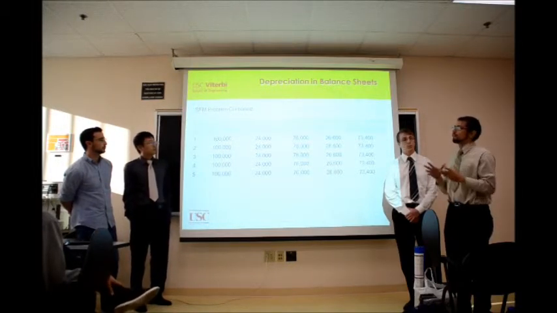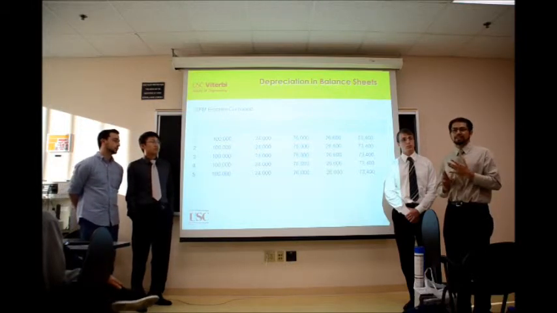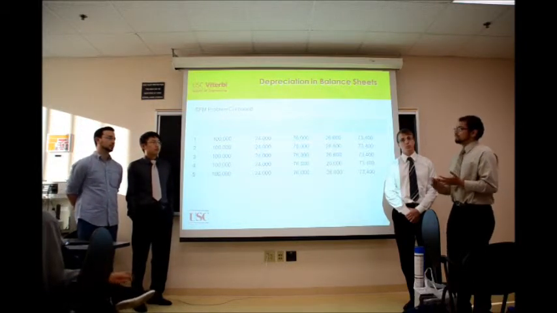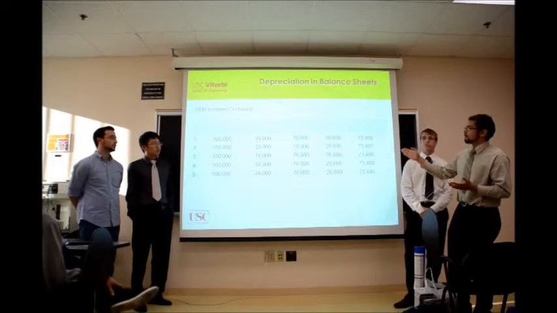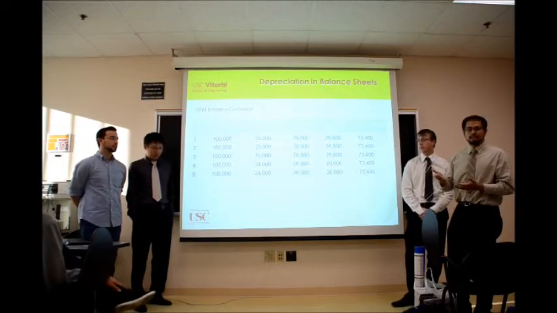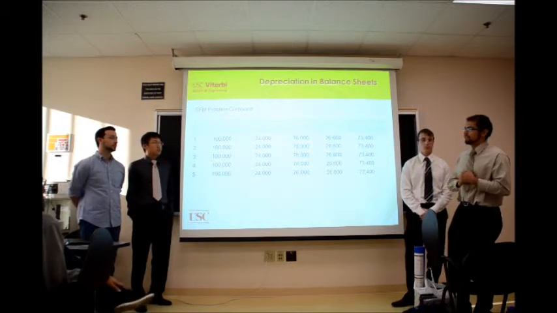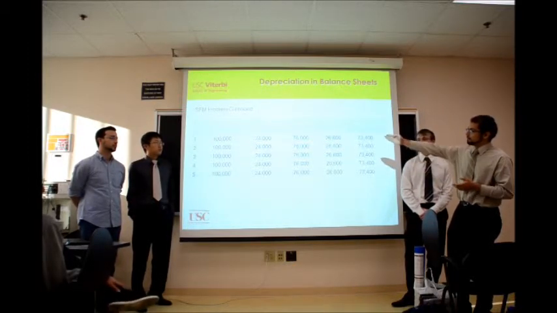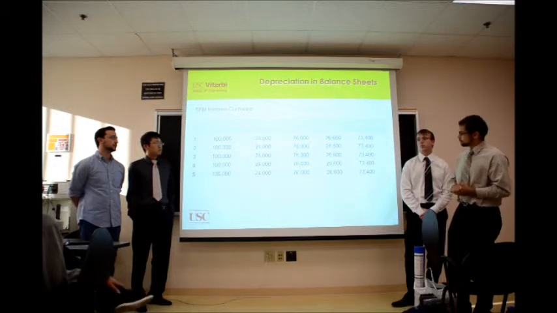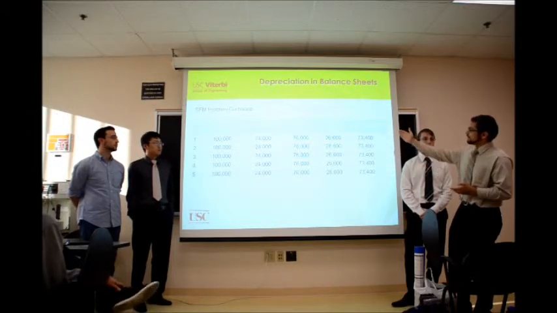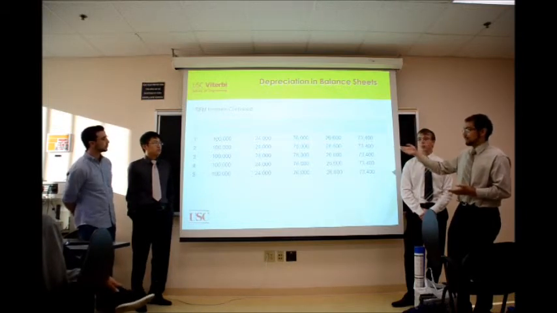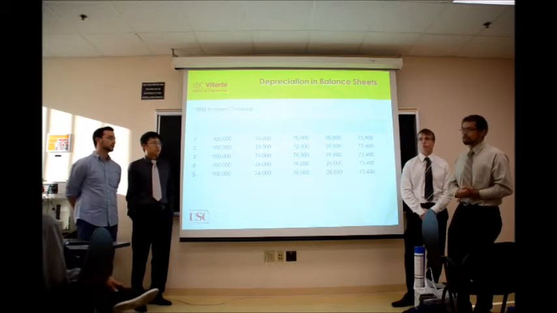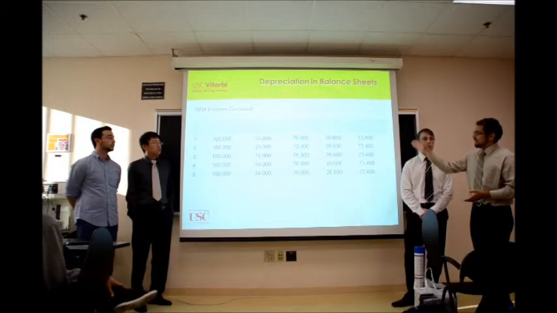Now the important thing to note about depreciation is that it's tax deductible. What that means is that instead of being taxed at 35% on $100,000, we can deduct the depreciation as an expense, and we'll only be taxed on $76,000. What that means is that the taxes at 35% are not $35,000. In actuality, they are $26,600. Now, what that means is that your net income would turn out to be $73,400.